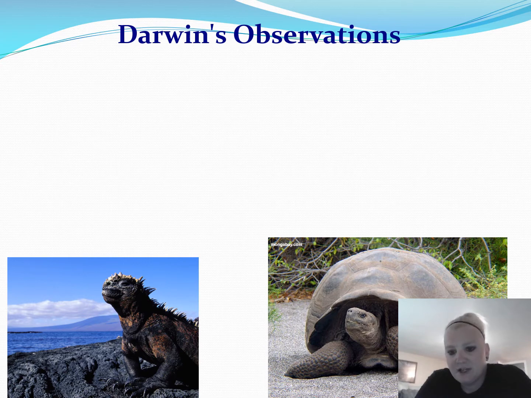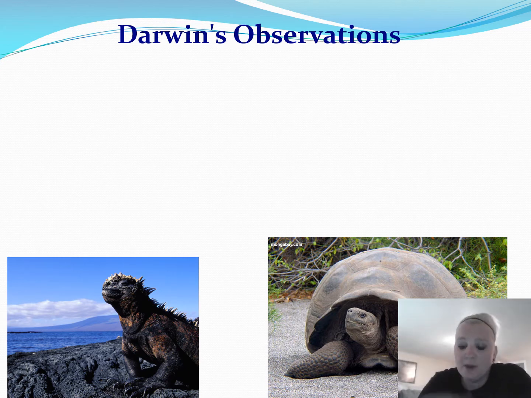So you have to ask yourself, why is the iguana sitting on dark rocks, on what looks like a sunny day, and is dark in color? Well, what do you know about reptiles? Reptiles are cold-blooded, which means they get their heat from their environment. So their body warms up by sitting out in the sun, basking.